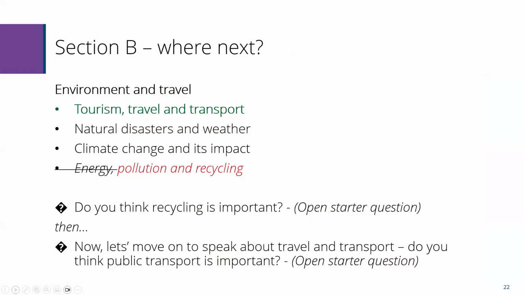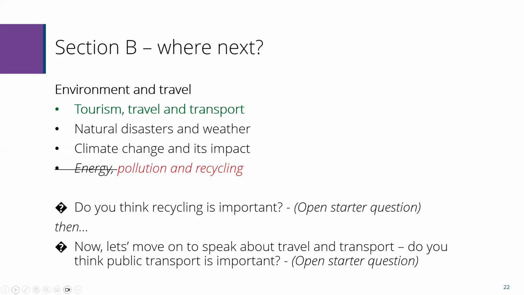Okay, and then we have a look at section B. So section B, where do we go to next? Okay, so the overall topic is environment and travel. We could then move on to tourism, travel, and transport.